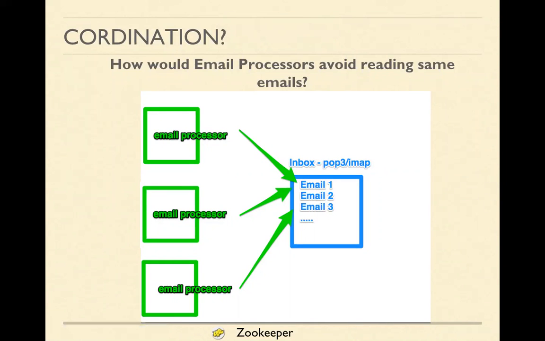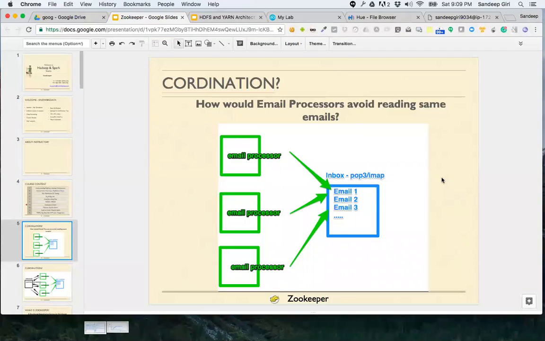And you need to do this on many machines. So the question to all of you is, how would these email processors avoid reading the same emails? So we have an inbox, and we have these email processors. A question from Jitendra is, mark email as read.